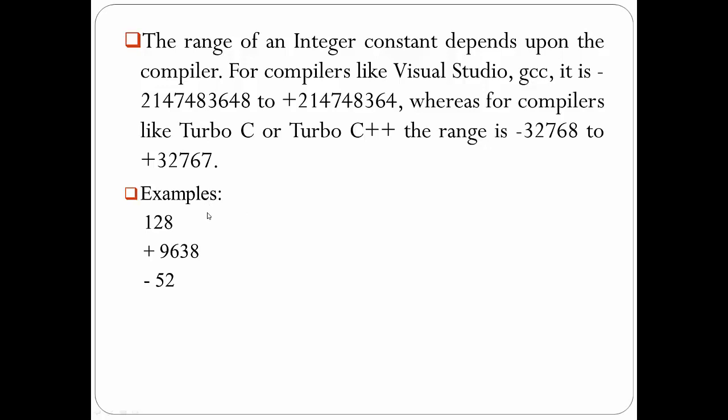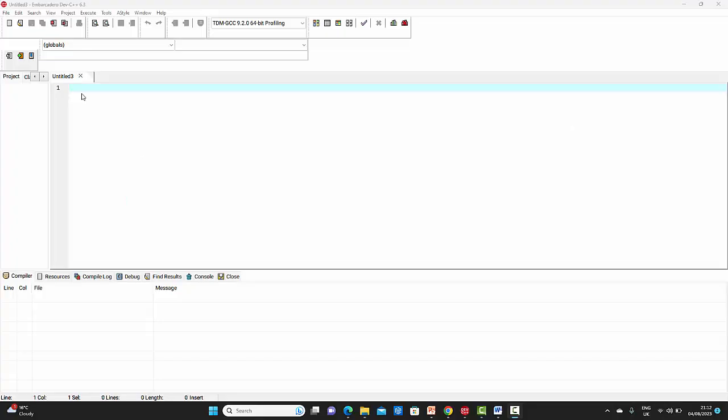And then here is a list of a few examples of integer constants. The first example is 128, which does not include any sign, so by default it is a positive integer constant. The second one is +9638, which is a positive constant, and this is a negative integer constant.